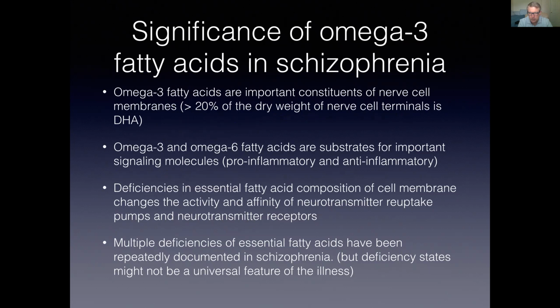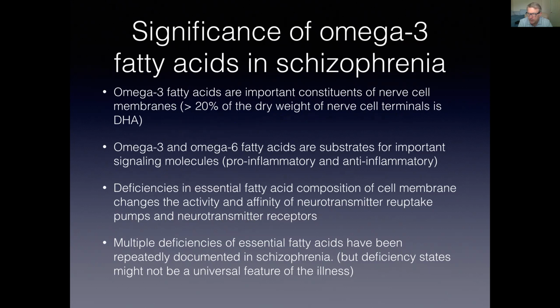They've been shown in multiple studies to have deficiencies amongst many people with schizophrenia. And deficiencies of omega-3 fatty acids in the brain are particularly interesting because from animal studies, we're confident that when you change the essential fatty acid composition of a membrane, you change the activity of its neurotransmitter reuptake pumps and its neurotransmitter receptors.